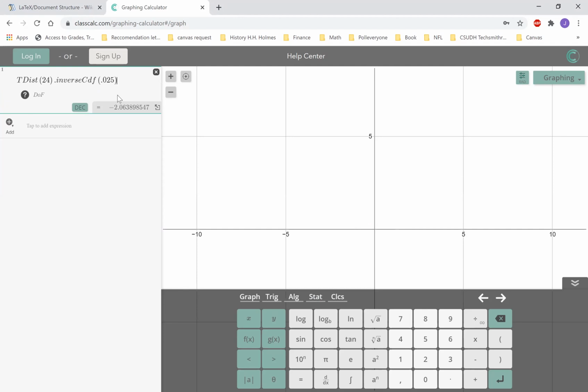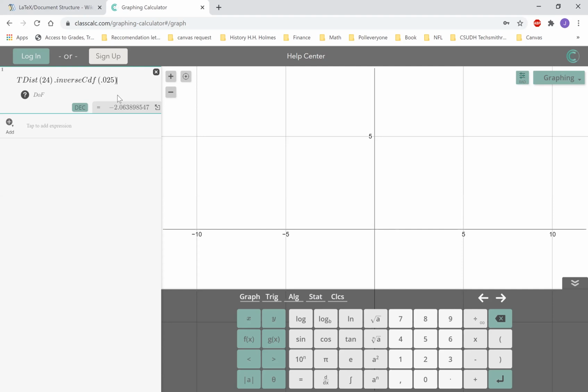So if you look at it, T alpha divided by 2 is going to equal negative 2.06.